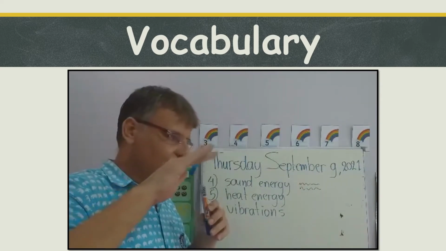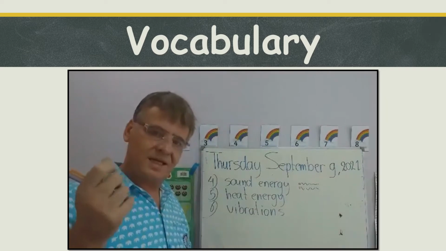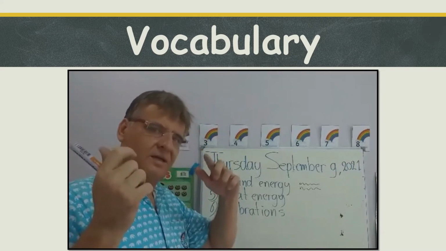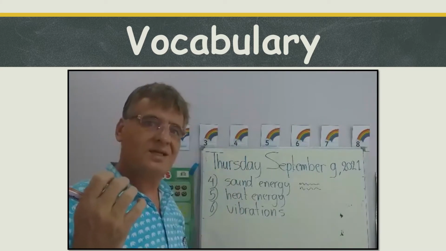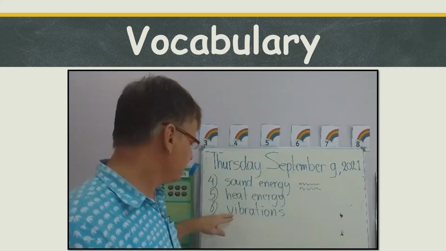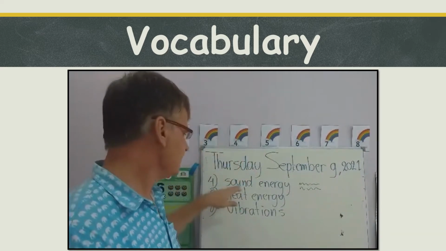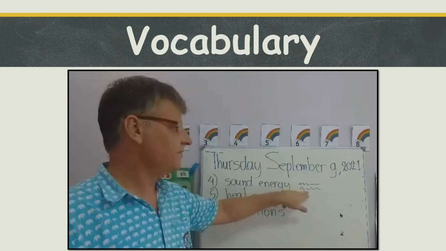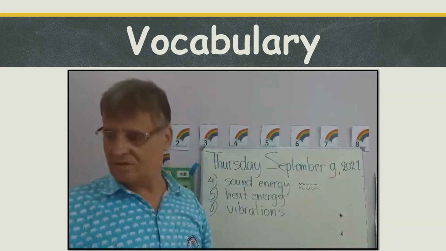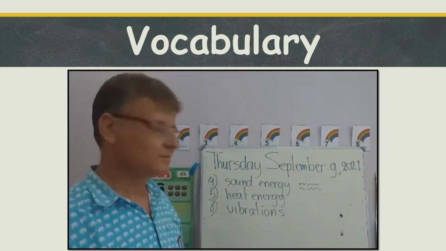For example, if you play the guitar, the string will move very quickly, and that's what's making the sound, right, when you play the guitar or the piano. So vibrations, little tremblings. So sound energy are vibrations coming to your ear, either directly or to the computer or a speaker or some device.